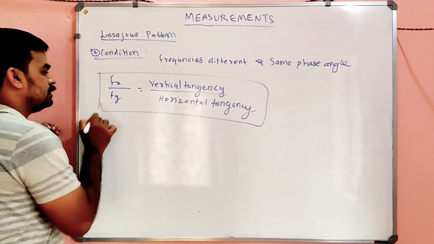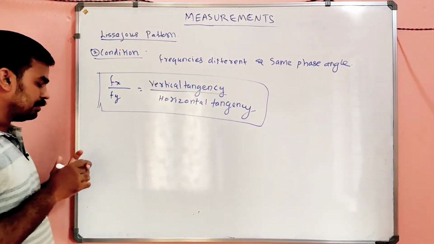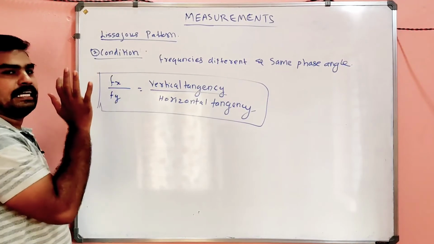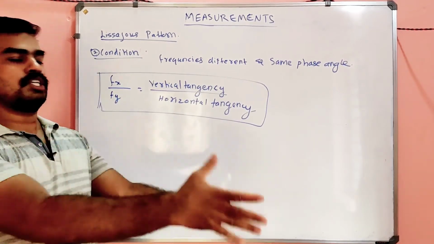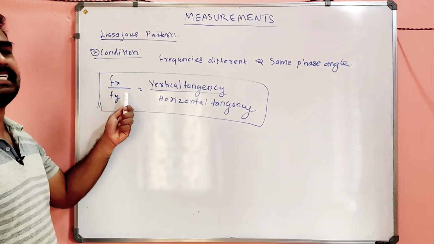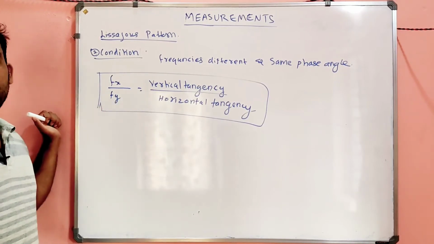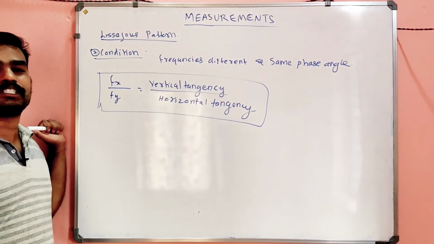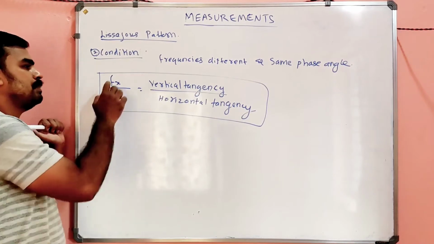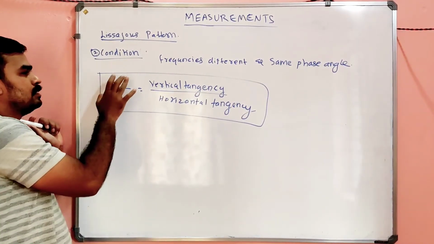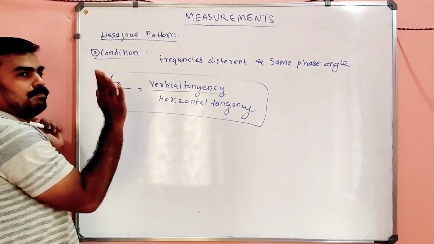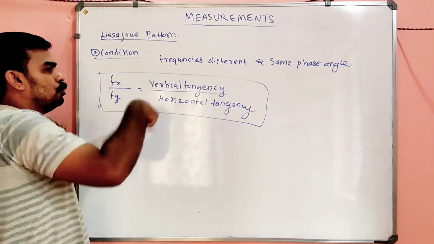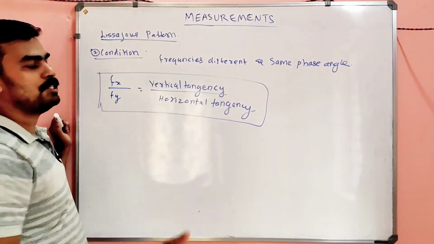Fx by fy is nothing but, my dear, the signal applied to the horizontal deflection plate has frequency fx, and the signal applied to the vertical deflection plate has frequency fy. That means one signal and another signal, which is equal to vertical tangency by horizontal tangency.